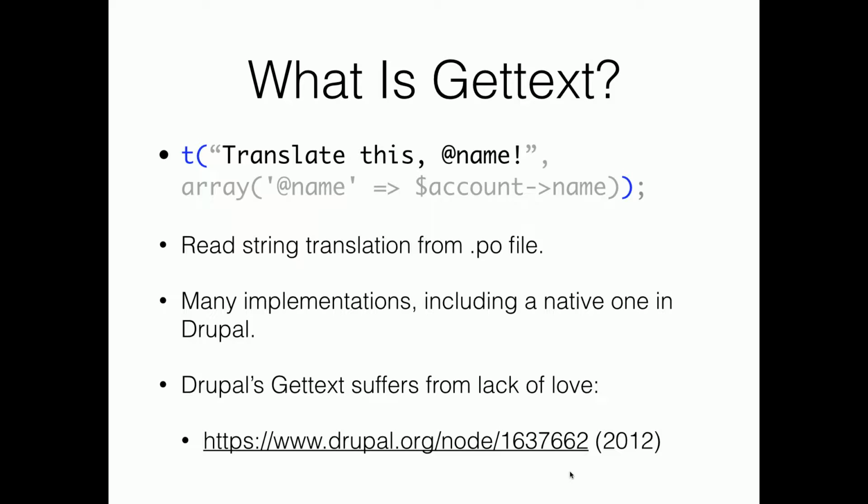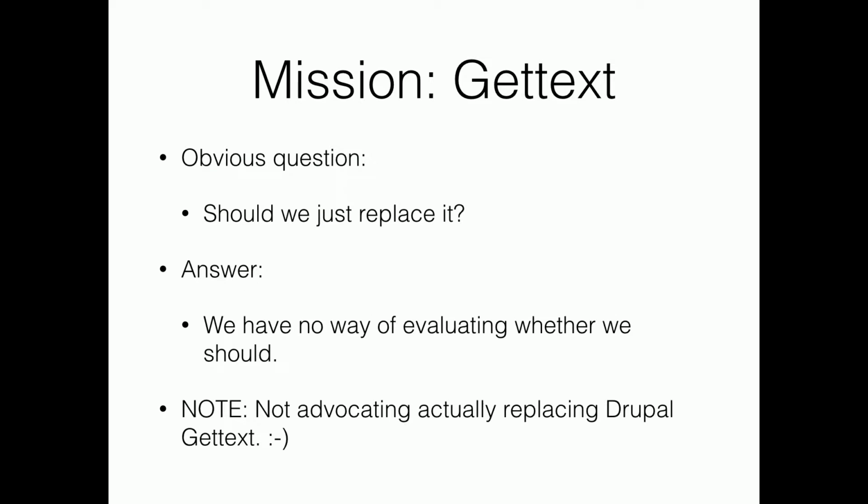Not picking on them. It just was something that came up in my research, so I decided that this talk would be about it. And again, down here at the bottom, note, not advocating actually replacing Drupal gettext, but it's an obvious question, so we just pop it out for another dependency. Should we take this library and put something new in instead?